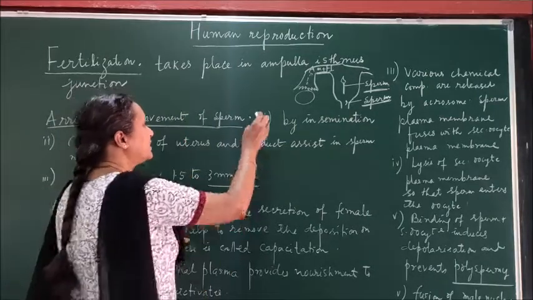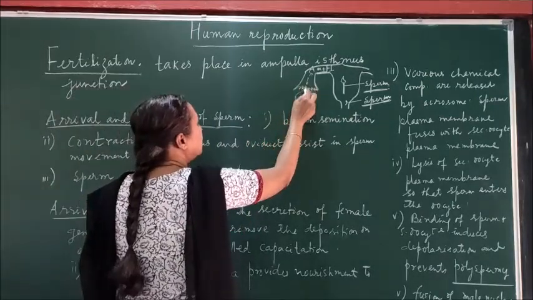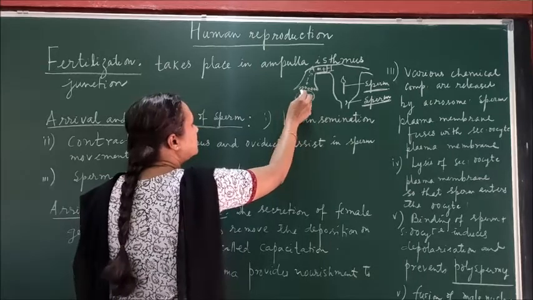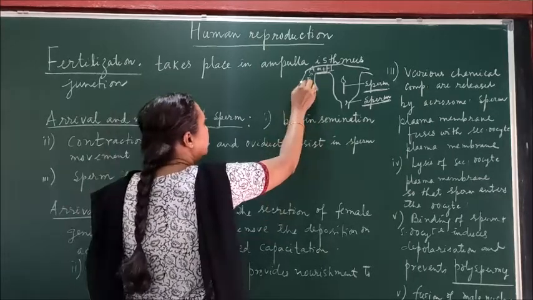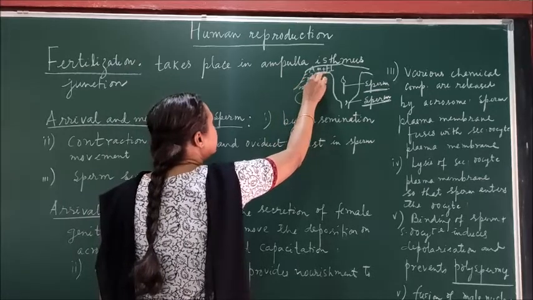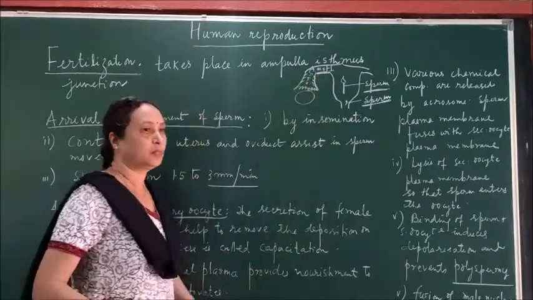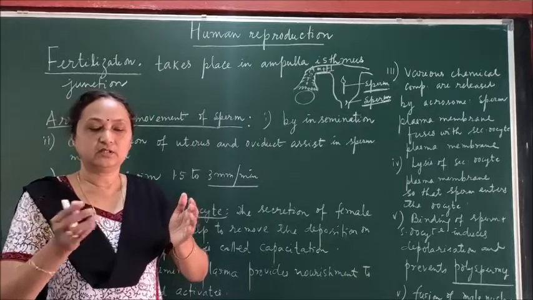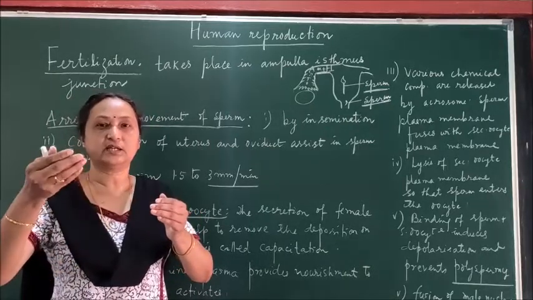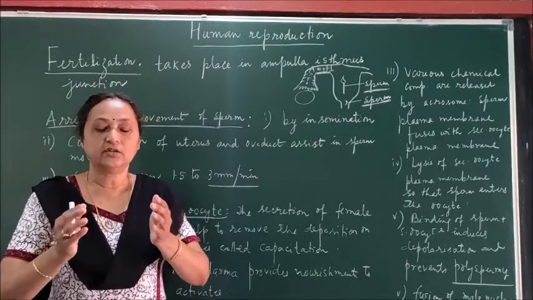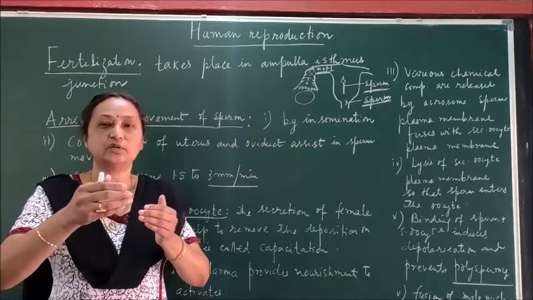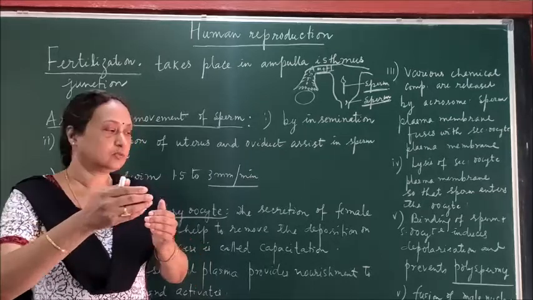So when the ovary releases the ovum, the fimbriae catch it and it enters the oviduct. In the inner lining of the oviduct, ciliated epithelium is there. The cilia are long projections arising from the epithelium, and by the beating of the cilia, the ovum moves along the oviduct. Okay.